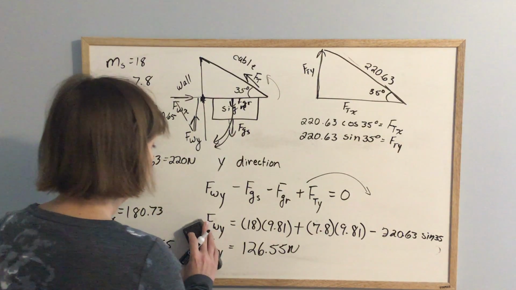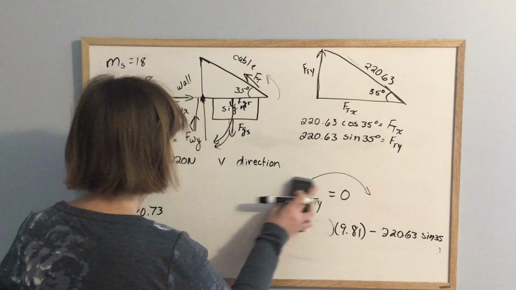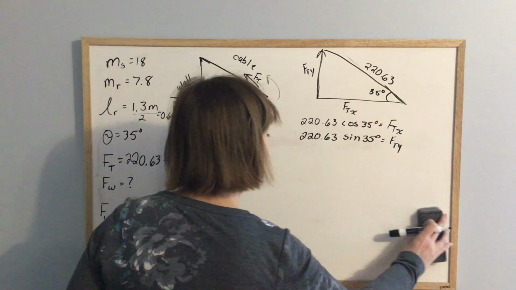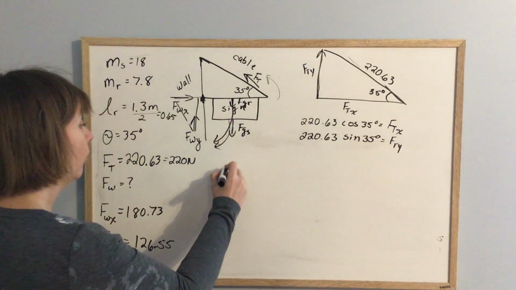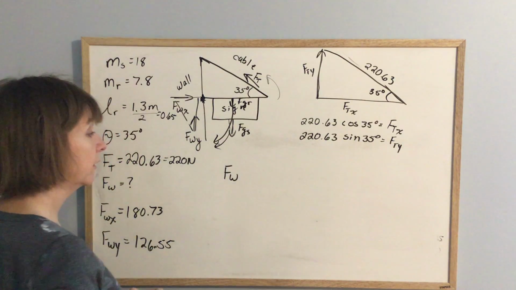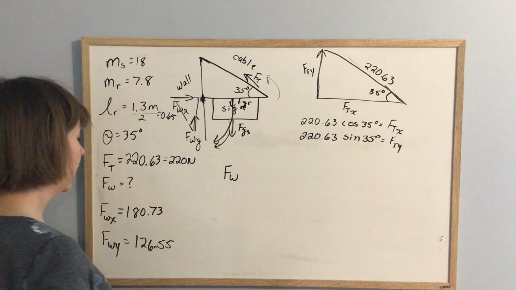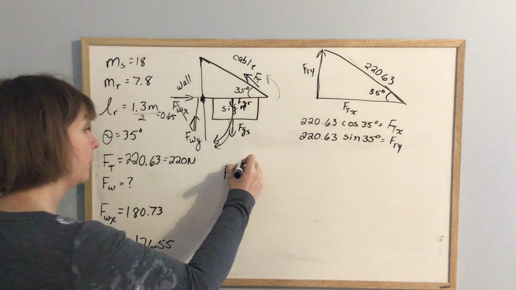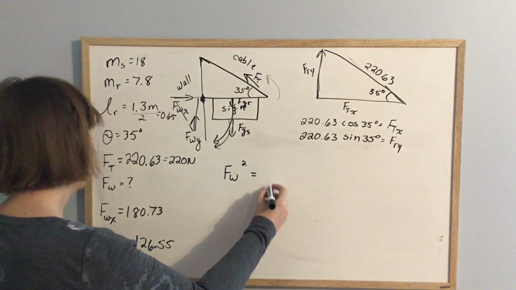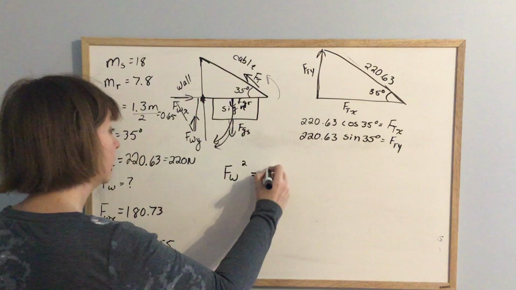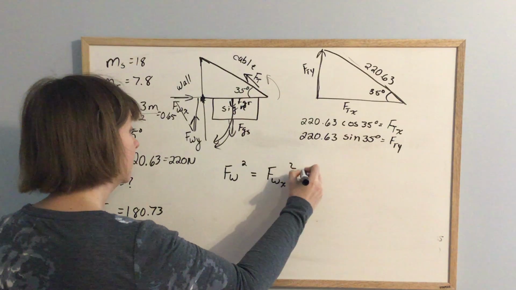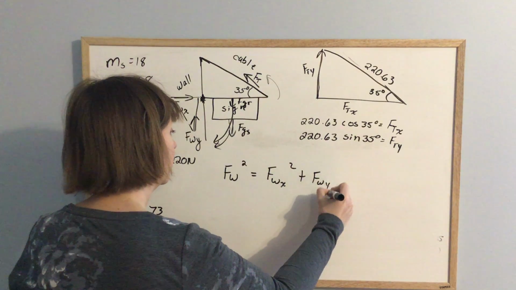Now what we're going to do is figure out what is the overall force that the wall is exerting on the rod. And it's the Pythagorean theorem. This squared is equal to the x component squared and the y component squared.